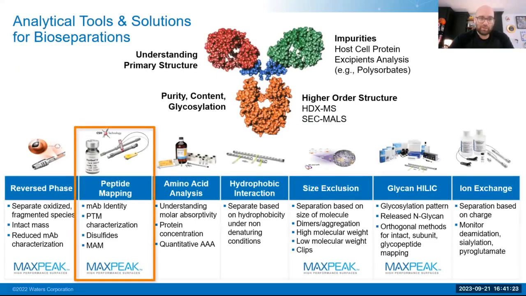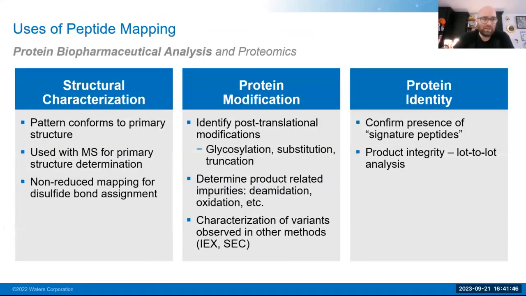So when we look at peptide mapping, Waters has a variety of technologies that allow for the separations, specifically in our MaxPeak technology, and we also have reverse phase for intact as well. But focusing on peptide mapping, we have a variety of chemistries that exist for this type of separation, which allows for structural characterization to confirm that primary structure. Our technologies are very amenable to MS as well.